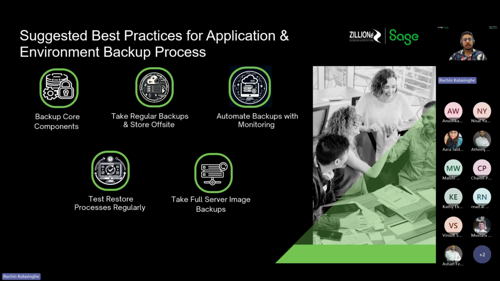Like Ashan showed, the SQL backup and the Sage folder backup, and if you have any integrations or third-party applications integrated with Sage, those third-party application folder backups and the Sage setup file backups, if you have all of these files with you regularly at an offsite environment, then it doesn't matter what kind of application crash or server crash you get.